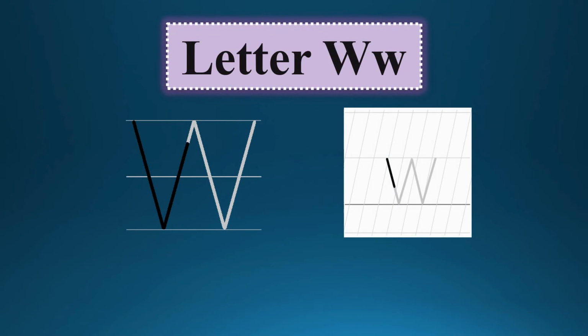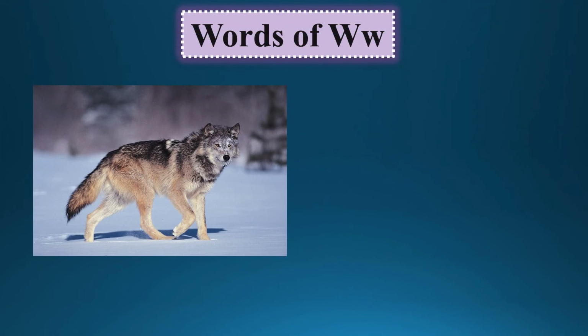This is the way we write the letter W. And its sound is V, V, V. Repeat with me, V, V, V. Let's hear the sound in the words.